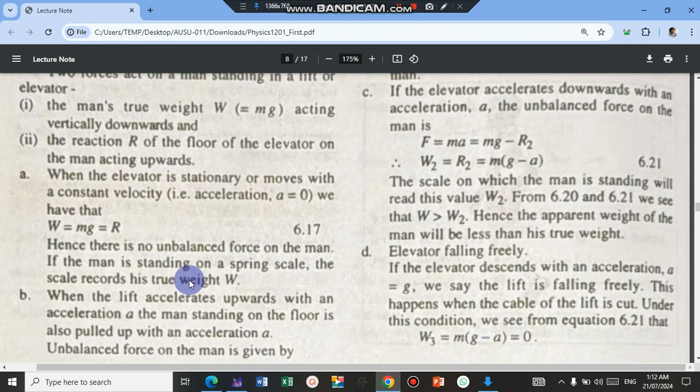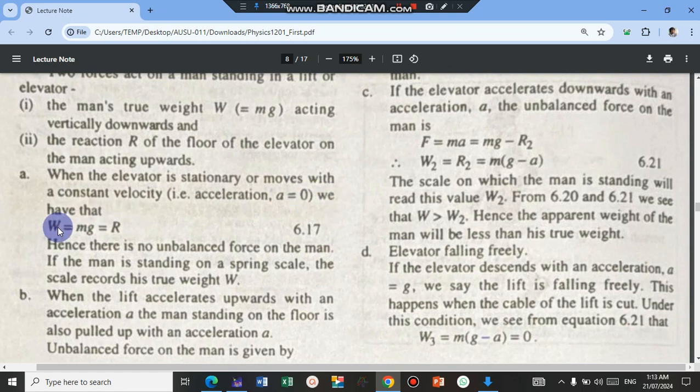Now, here is a summary of what's going to happen. The first thing is that when the elevator is stationary, meaning when it is at rest, or moves with a constant velocity, whether it is ascending or descending, provided it doesn't have an acceleration, acceleration 0, then we have this.